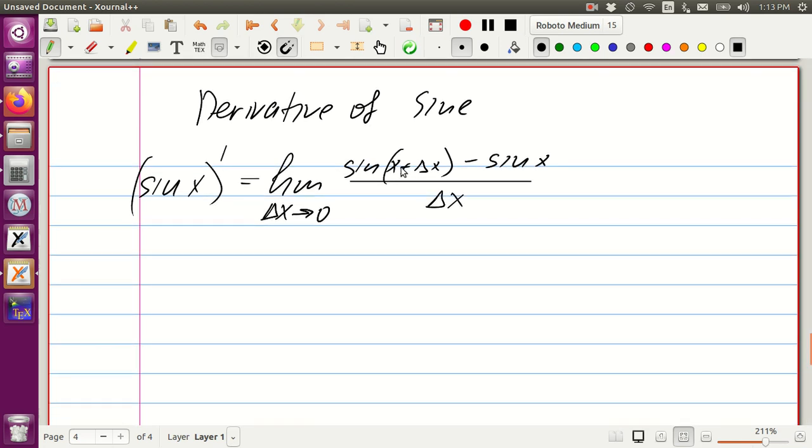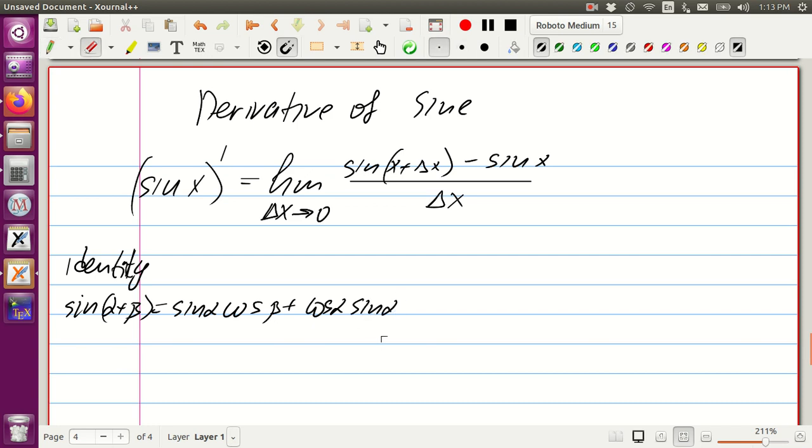Now we're going to use the rule for the sine of the sum. All right, so what is the identity? The identity says that if you have sine of alpha plus beta, that's going to be sine of alpha cosine of beta plus cosine of alpha sine of beta.